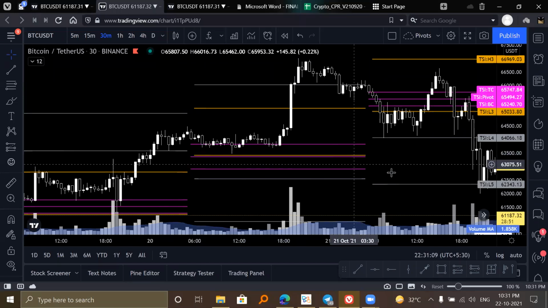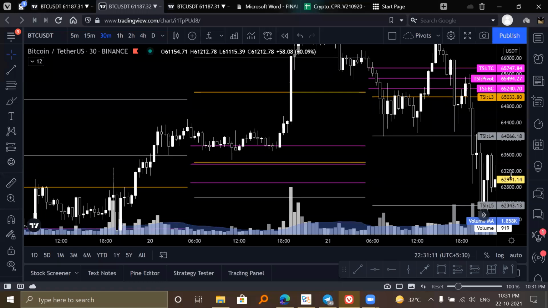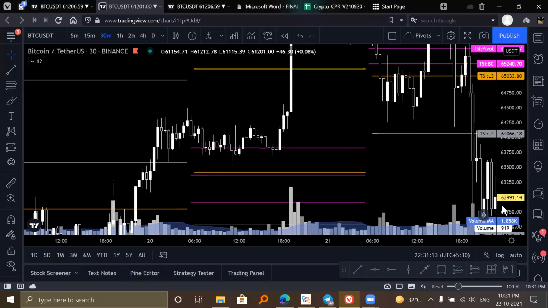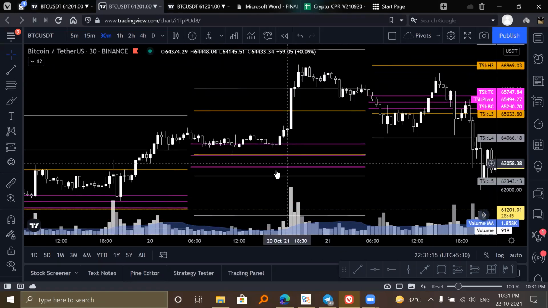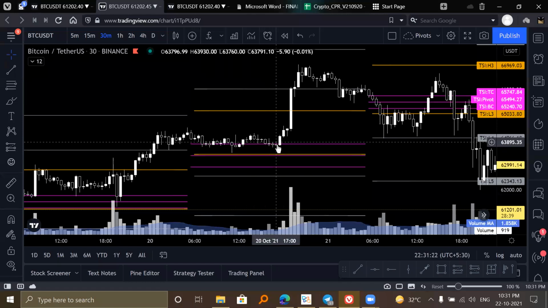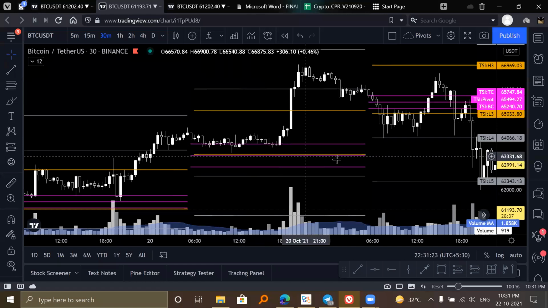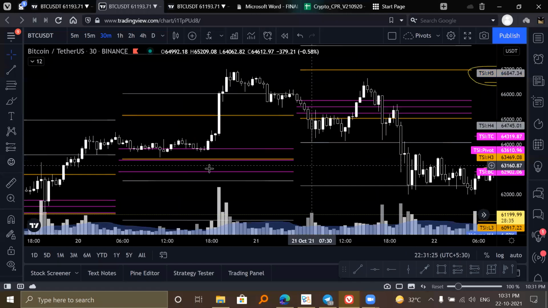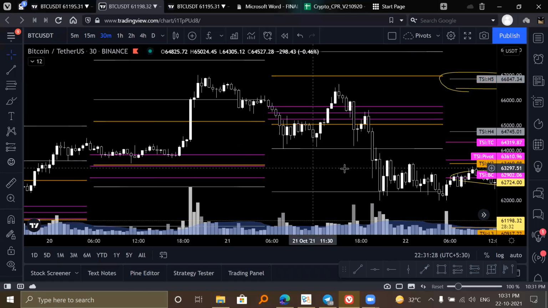This yellow line is very close to the central pivot. Whenever this happens, it is known as GPZ, or golden pivot zone. Whenever this L3 or H3 lies in between the central pivot range, it will be known as the golden pivot zone.